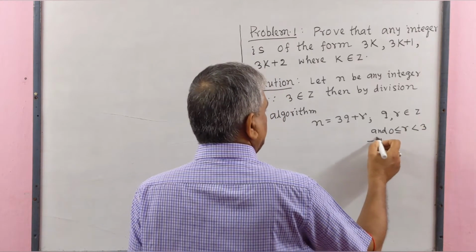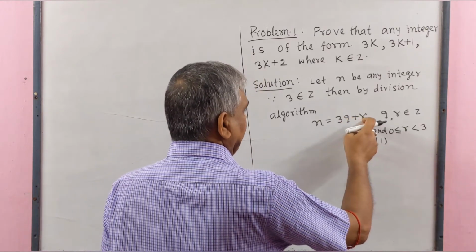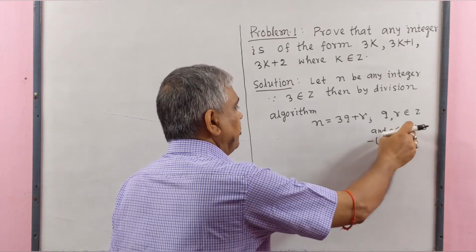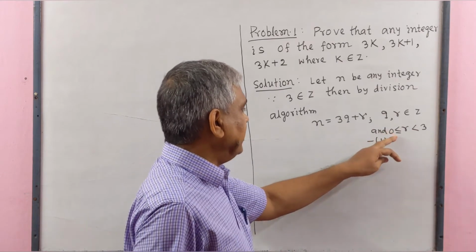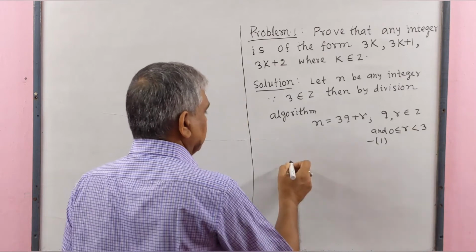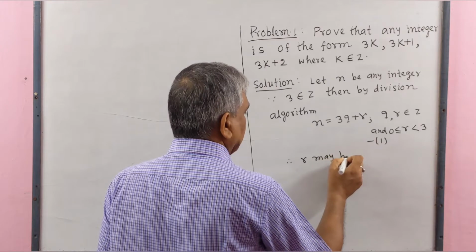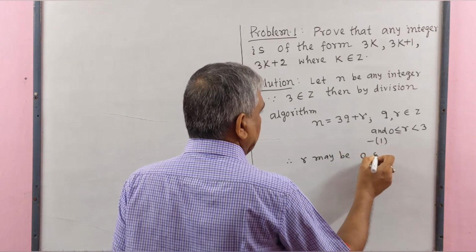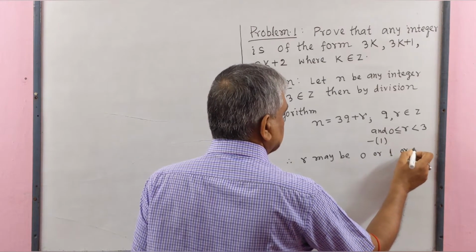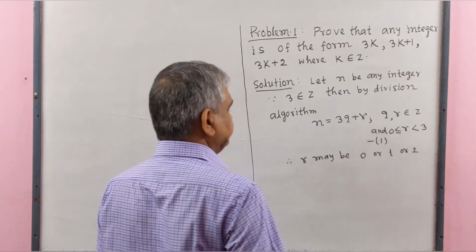This is number 1. q is called quotient and r is called remainder. Here the value of r is either 0 or 1 or 2. Therefore r may be 0 or 1 or 2, because r is less than 3.